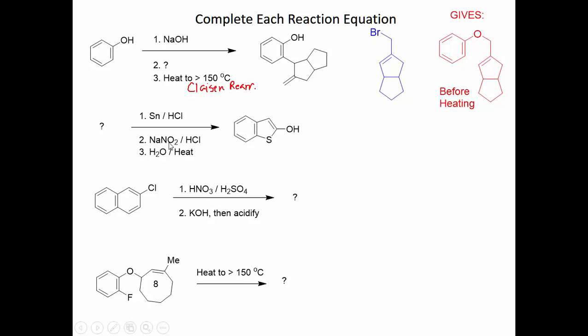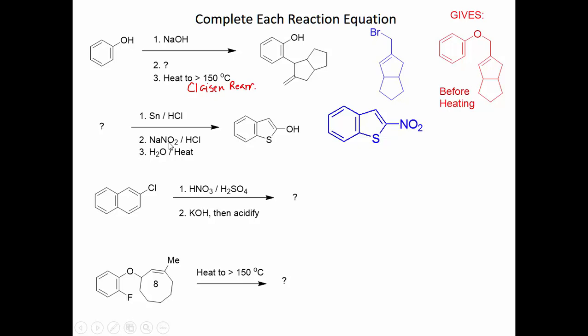Okay, so the original compound we need here is a nitro compound, the nitro compound that corresponds to that alcohol right there. Okay, this is not a benzene ring, this is a thiophene ring, but remember, thiophene rings are also aromatic and can substitute for benzene rings in these processes.